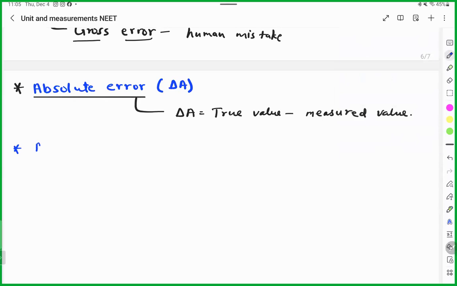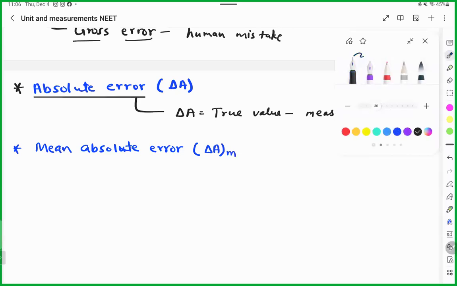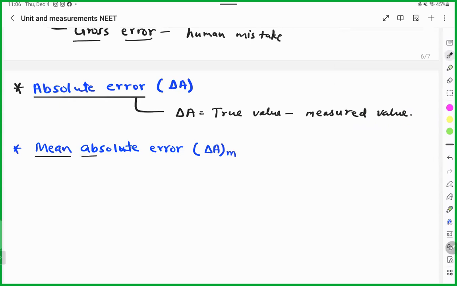Then second, Anvita, what is mean absolute error? I don't know. When you take the average of the absolute errors, what is the meaning of mean? Average of all the absolute errors is the mean. So how will you calculate? Take all the values and divide by the number.